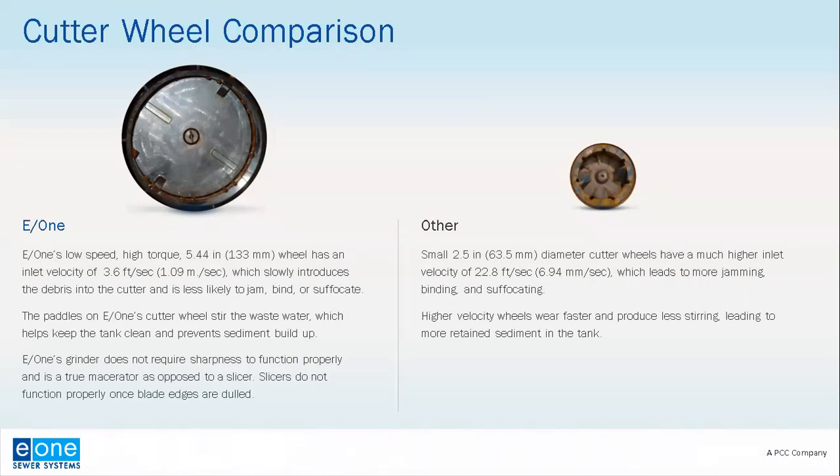This would be a different provider to get all the solids out of the tank throughout the system. And there's a tremendous amount of cost involved with that. Well, with E1, you don't have to do that because there's so much turbulence inside that tank that solids are suspended and passed through the system, and they're not accumulating in the bottom of the tank over time, causing issues. So that is something that I wish to call everyone's attention to.